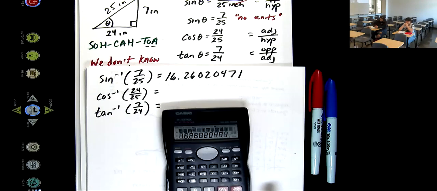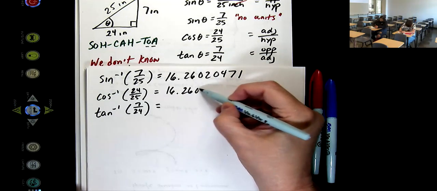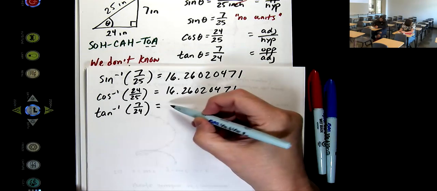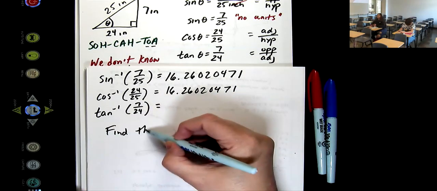$16.26020471 again. The reason why is when we do this, we're telling it to find the angle.